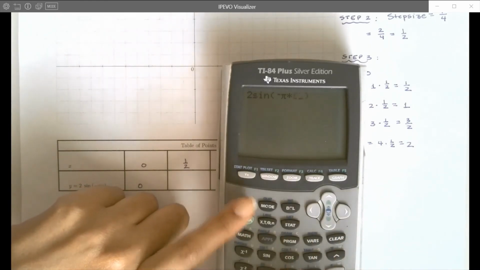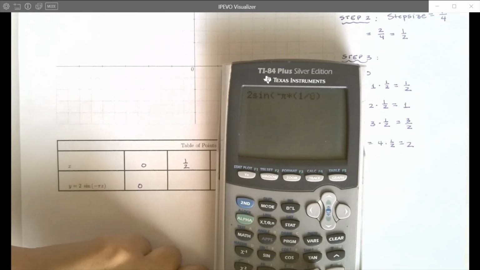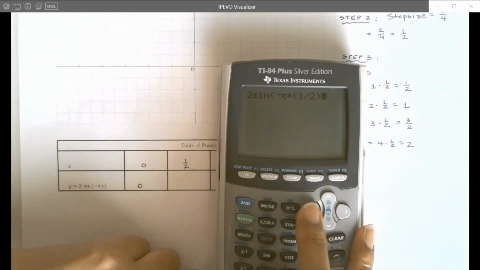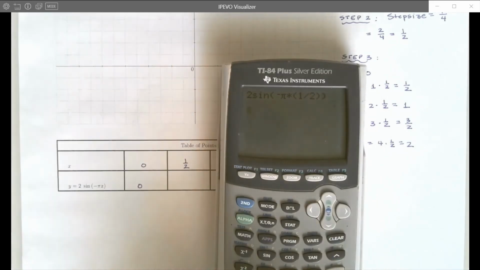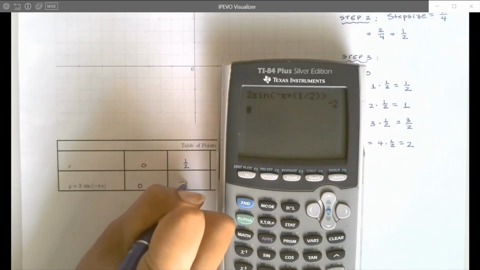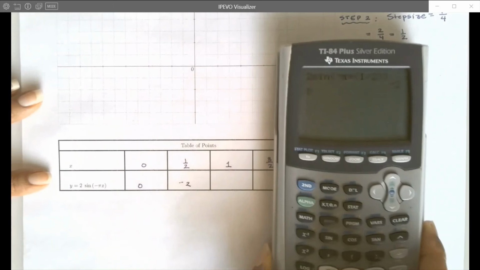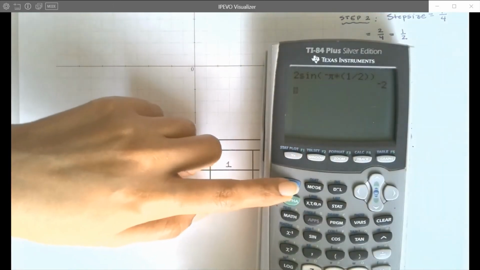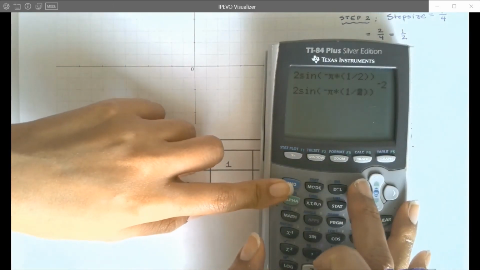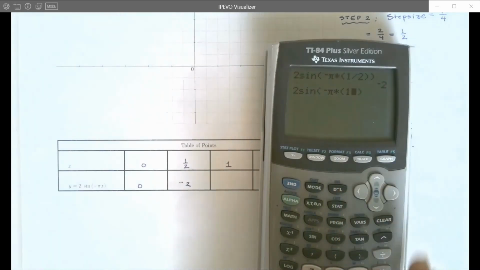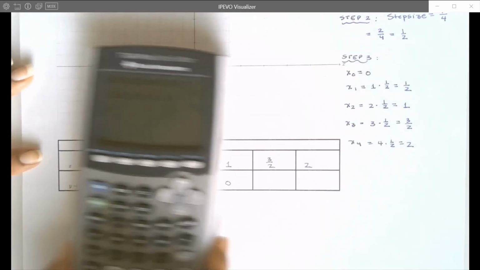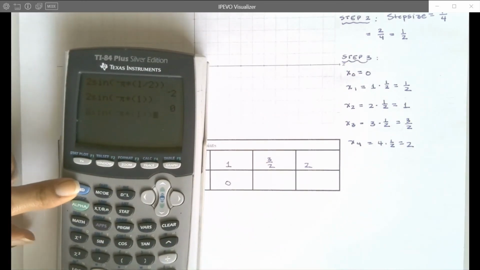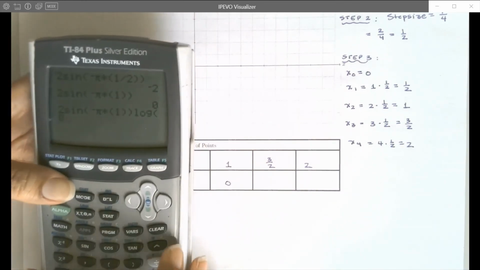I'll go ahead and introduce the parentheses here, in which case we no longer need this times. I mean, we can leave it there, it doesn't hurt. And we're going to get -2. Alright, next one is 1. So I'm just going to delete the 1/2 and get 0. Next one is 3/2.